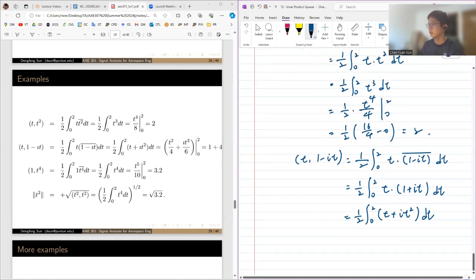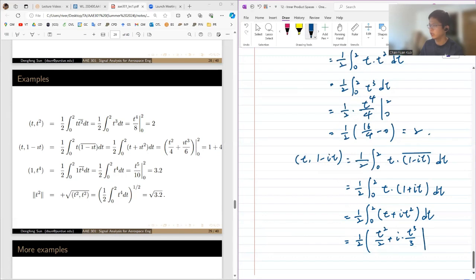And now we can work out this integral. We get t squared over 2 plus i times t cubed over 3, evaluated from 0 to 2.